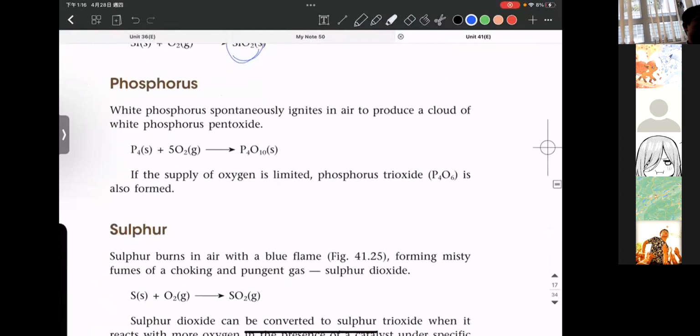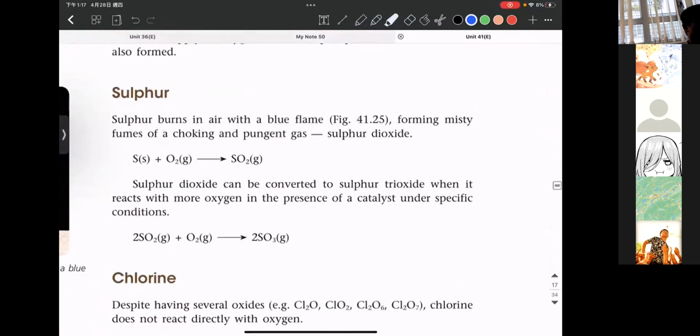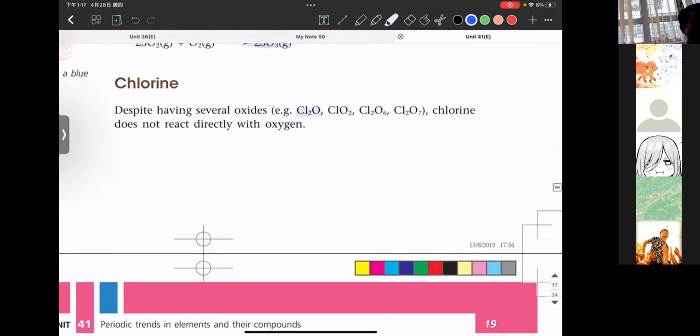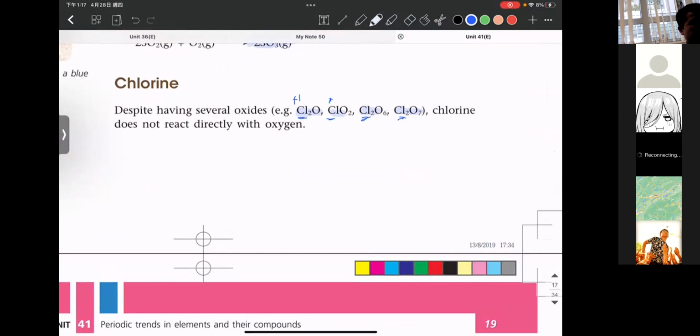Now this one you may find quite hard to memorize. Phosphorus P4O10, sulfur SO2 or SO3, chlorine, various oxides with different oxidation numbers. Please check the oxidation number. The first one is +1. The second one is plus what? +4.